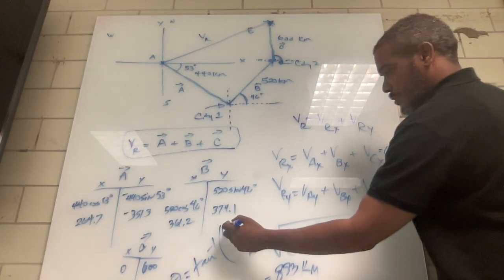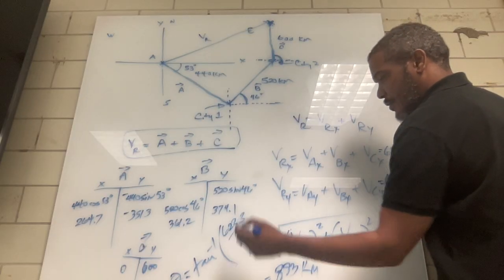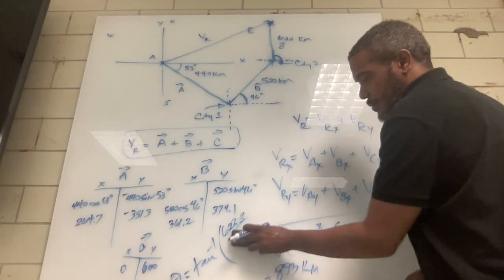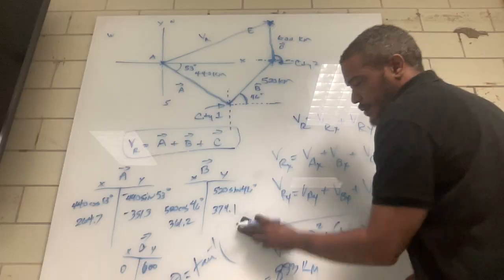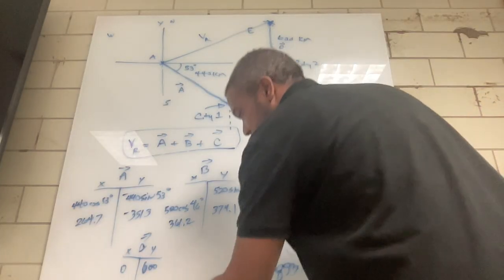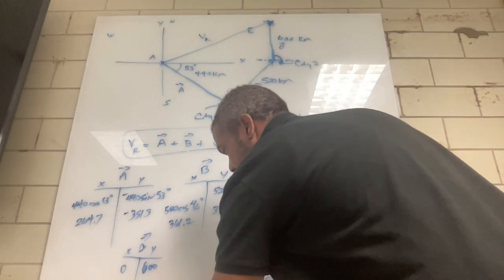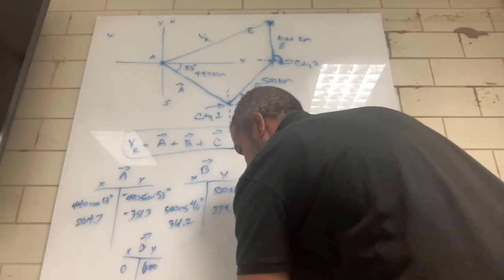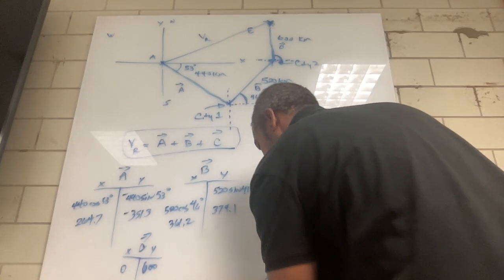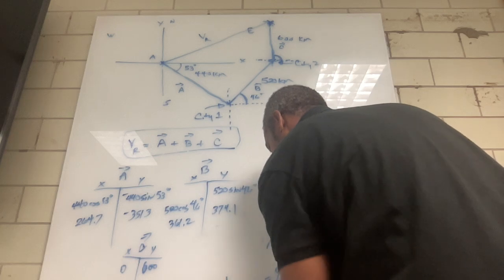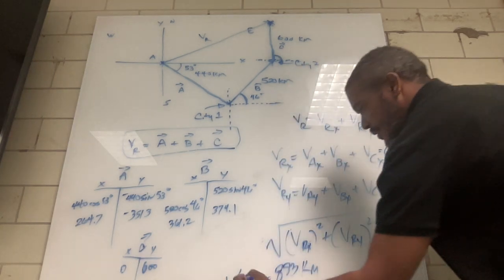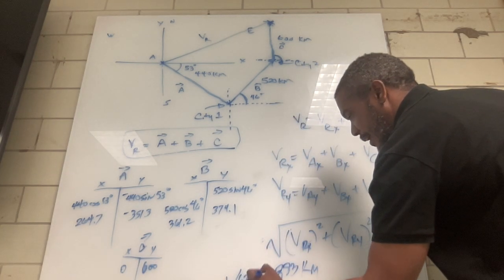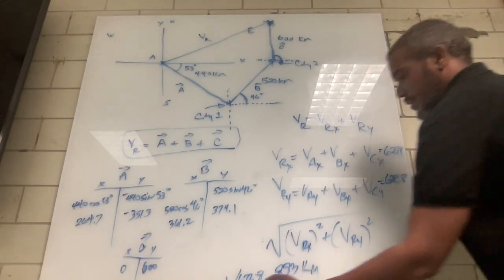Yep. Let me erase this, y'all. Getting a little messy here. Maybe I'll write it right here. Theta, which is the direction, is equal to inverse tangent y over x, which is equal to inverse tangent, in this case, of what? 622.8 over 625.9.